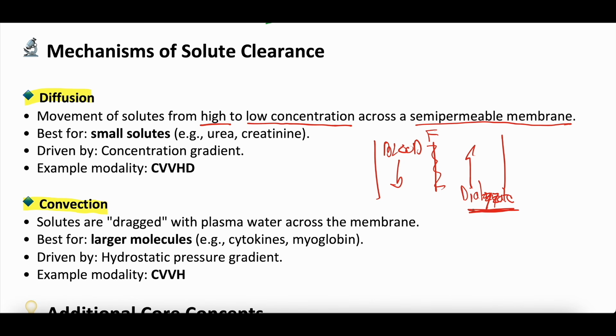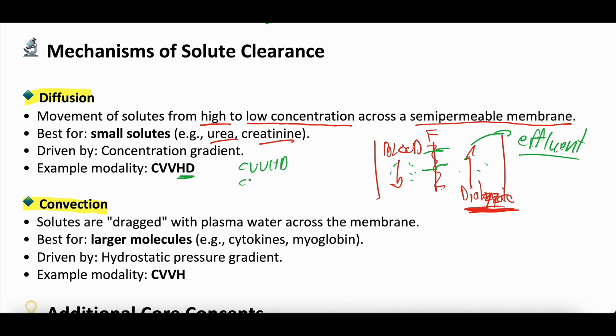You set the concentration of different molecules in the dialysate, and small molecules like urea and creatinine flow down their concentration gradients into the dialysate to then get rid of in the effluent. Remember, the effluent is what's discarded. Okay, and this is for modalities of CRRT that use diffusion, which means they use dialysate, which are these HD modalities, right?